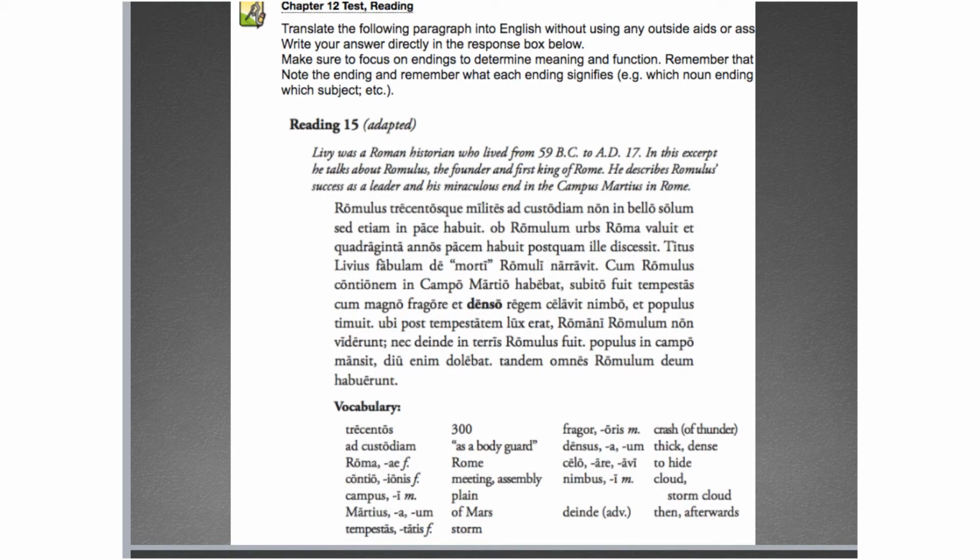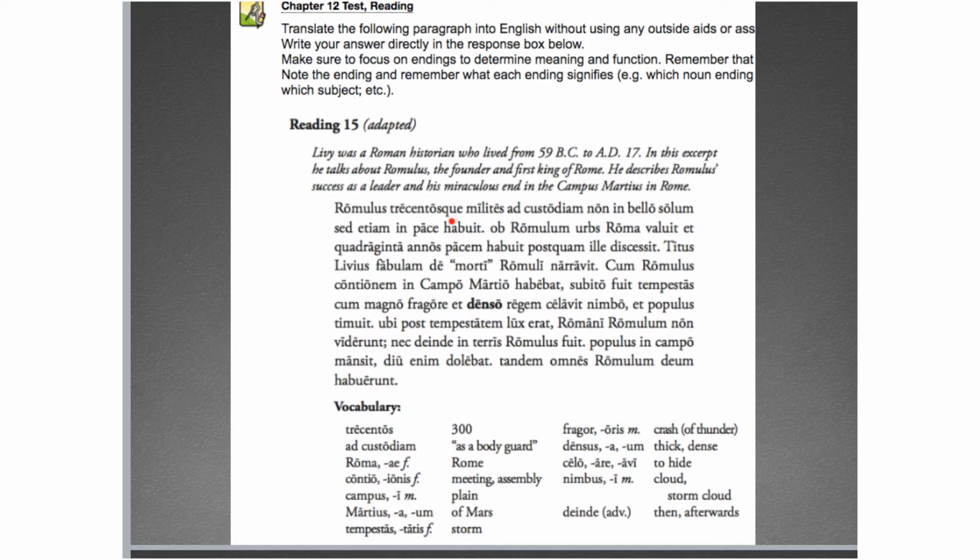All right, so for the reading, you've got a paragraph. I'll go through a little bit of it with you. Romulus tracentos quam milites ad custodiam non in bello solum sed etiam in pace habuit. All right. So Romulus, right, looks like a nominative. Tracentosque. All right. So we've got the os, which is accusative, definitely.